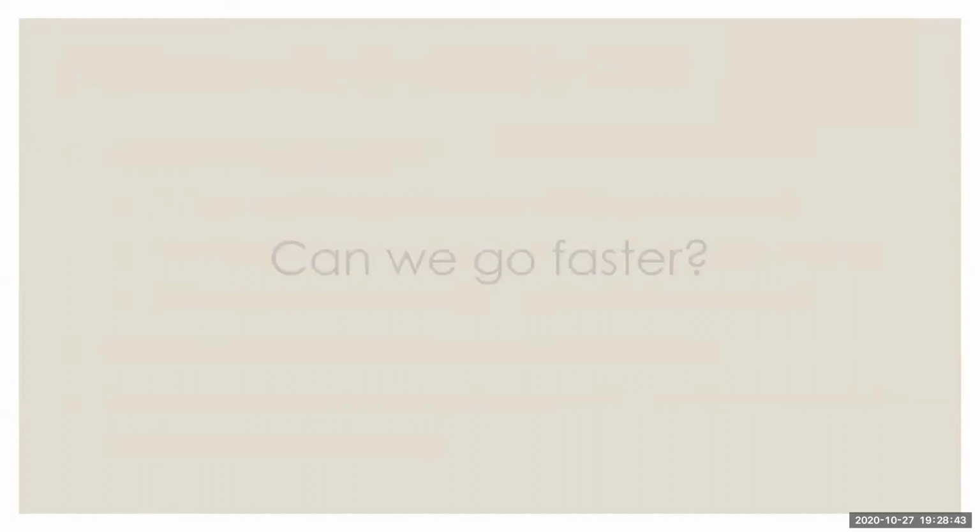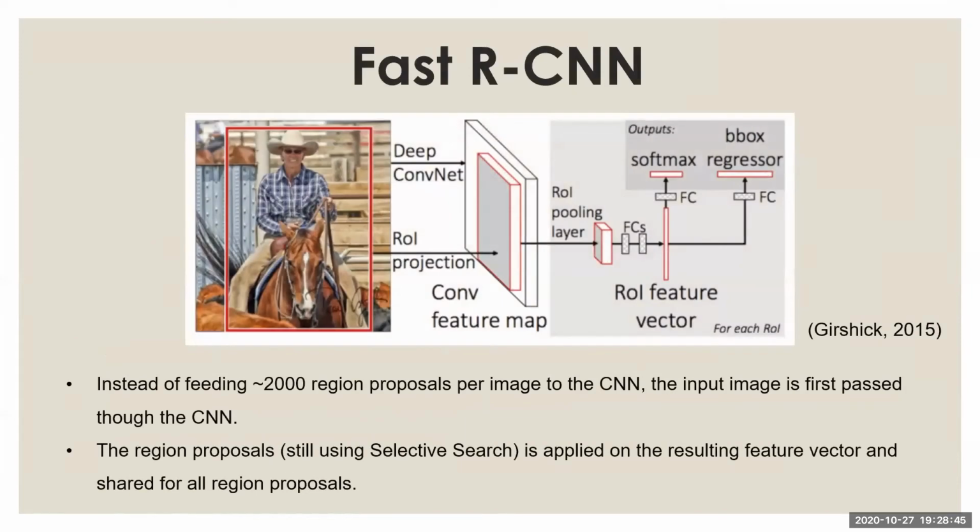Well, of course. The very same author that created RCNN knew about these issues. And in the next year, he actually addressed them. He called that Fast RCNN. So instead of feeding 2000 region proposals per image into the CNN, the input image itself is passed through the CNN to produce the feature vector before we pick the region proposals.